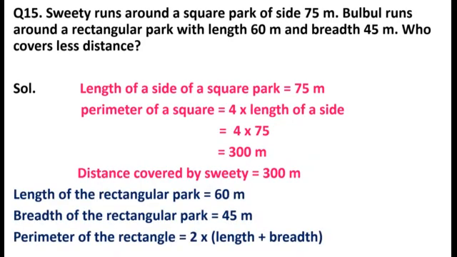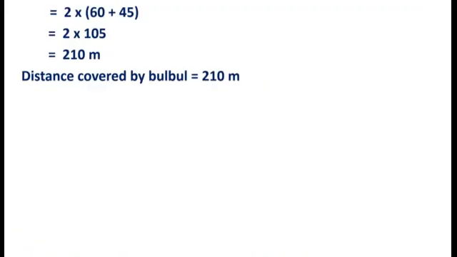Similarly, we'll find for Bulbul. Length of the rectangular park is equal to 60 meter, and breadth of the rectangular park is 45 meter. So perimeter of the rectangle is 2 into length plus breadth. Substitute the value of length and breadth. 2 into 60 plus 45, we get 2 into 105, and when we multiply this, we get 210 meters.